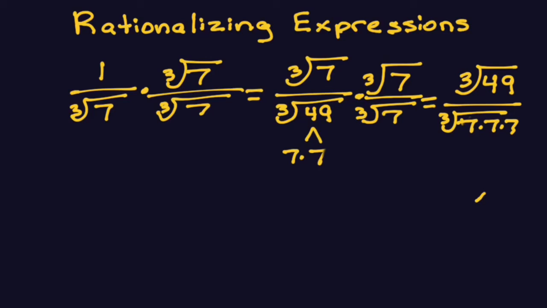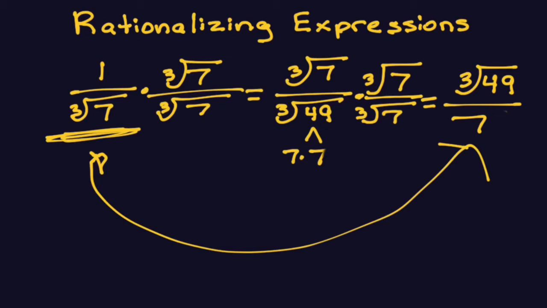Now, the cube root of 7 times 7 times 7 is, of course, just 7, right? So we can just change this into a 7. And just like that, we've rationalized this, simplified this into this. And that's how you would do it if you had a cube root.